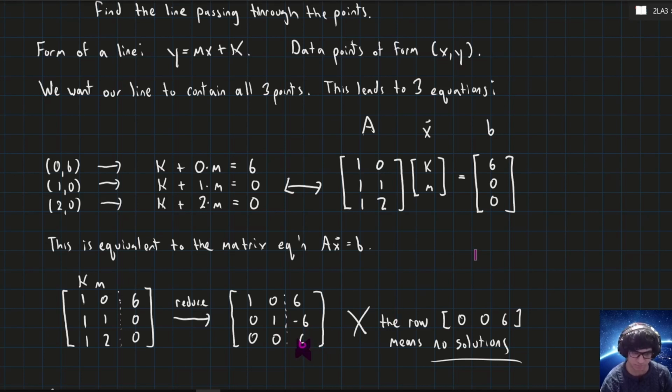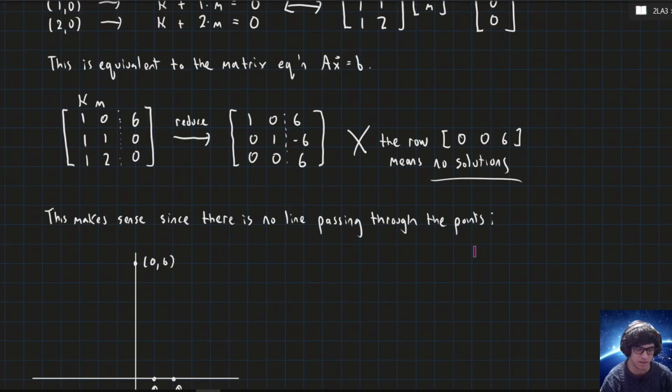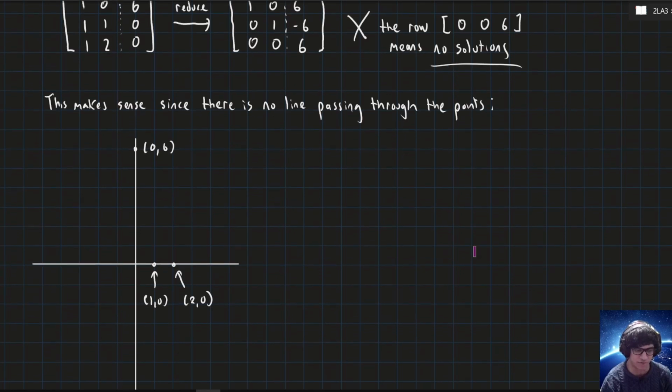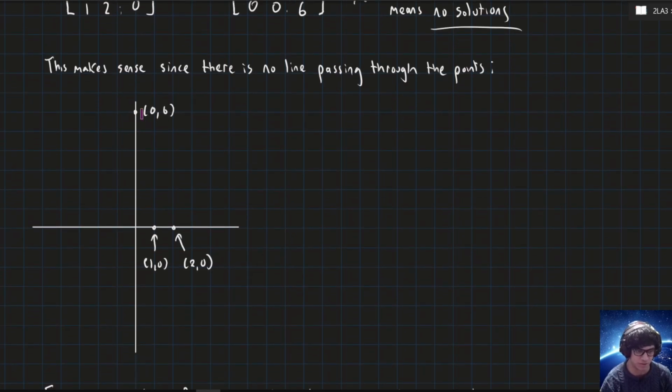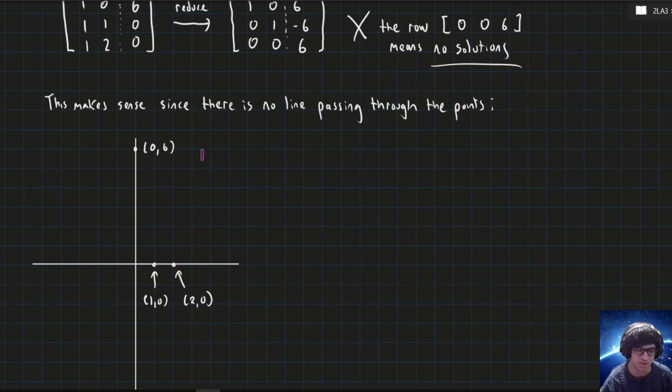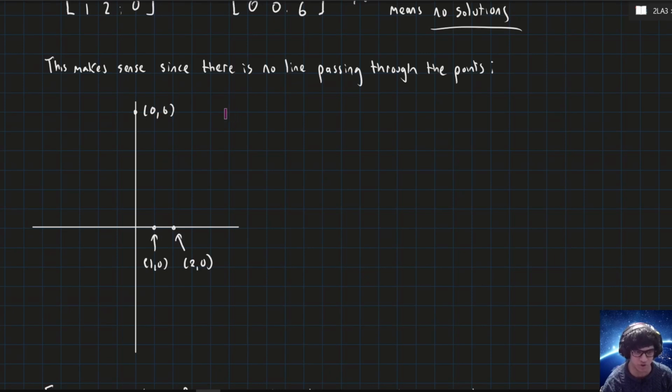This shouldn't come as a surprise. If we graph the points, here's our point, there, there, it's pretty clear that no line is going to pass through all 3 of these. So we shouldn't expect a solution.